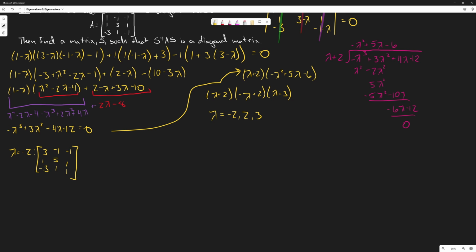And so we have to figure out what eigenvectors would give us. I'm not going to put this in row-reduced form. We're going to use the guess and check method.